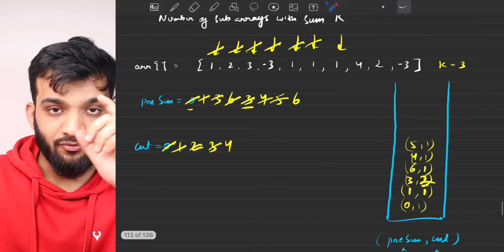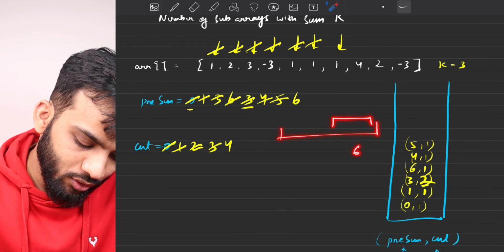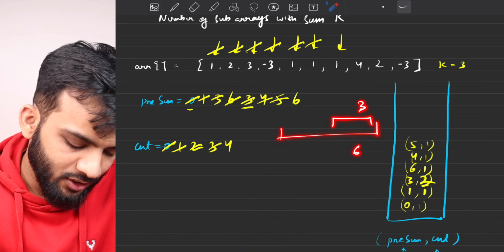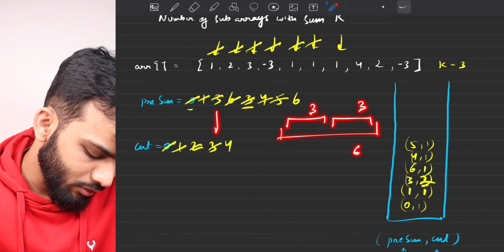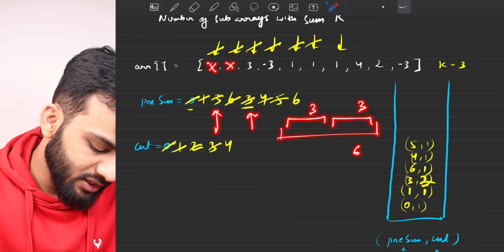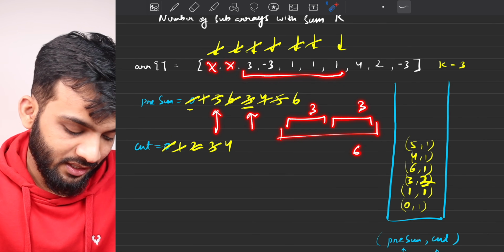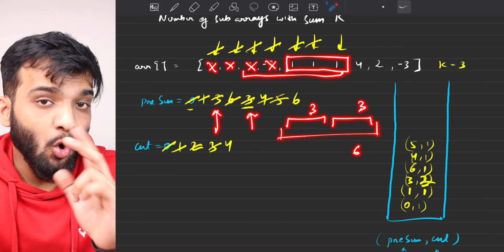6. Very important point. You have 6. You know you will be requiring 3. So you have to remove elements which will give you summation as 3. And there are 2 occurrences. If you remove this, this gives you summation of 3. If you remove this, this also gives you a summation of 3. So there are 2 occurrences.